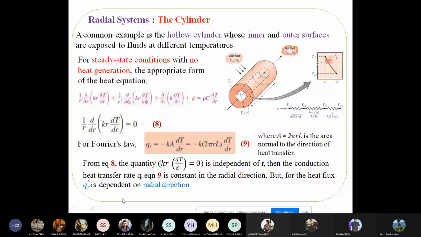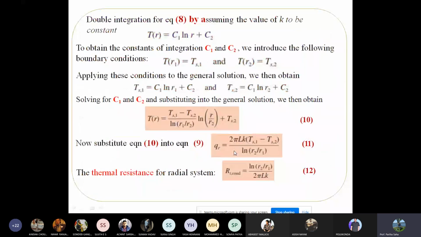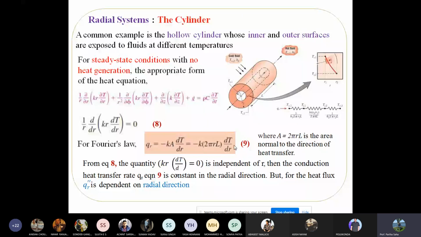We can set the boundary conditions, like R1 and R2, and then integrate dr by r, and then the temperatures will be Ts1 and Ts2, or else we can solve it for two different equations. If we just solve this differential equation, then you finally get T(r) equal to C1 ln r plus C2.